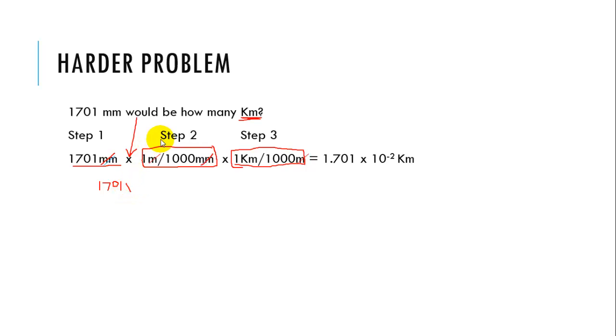So here I'm doing 17.01, and I have to divide by 1,000 because 1,000 is on the bottom, and then I divide again by another 1,000 because this 1,000 is also on the bottom. And I get 1.701 times 10 to the negative 2 kilometers.